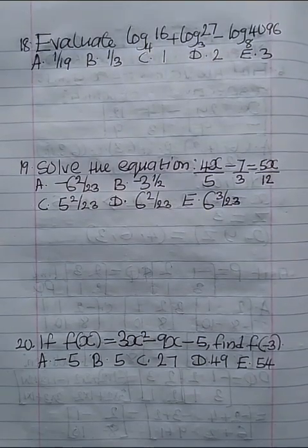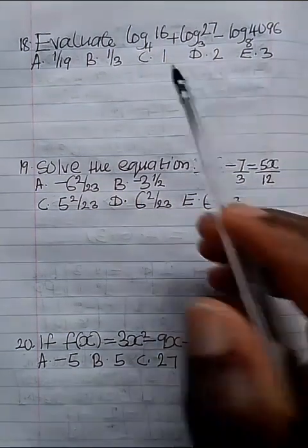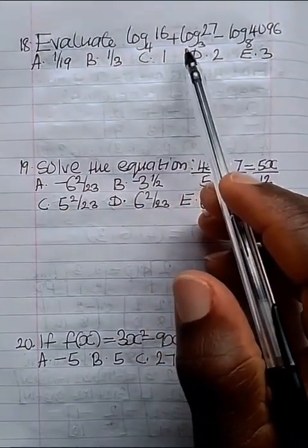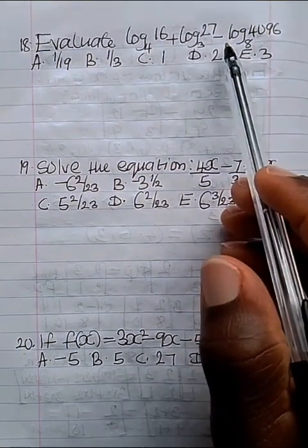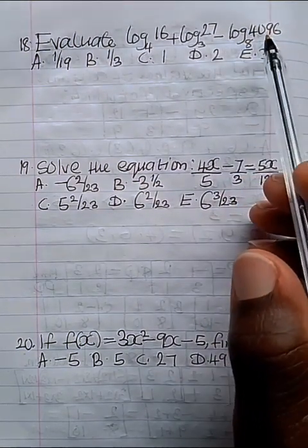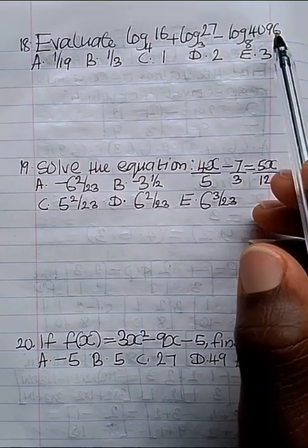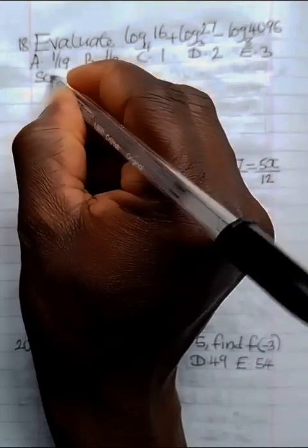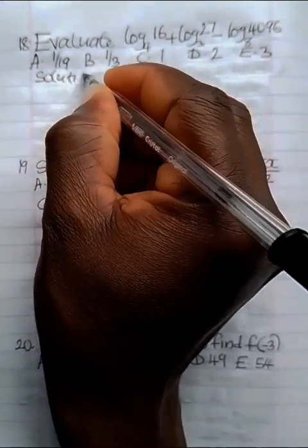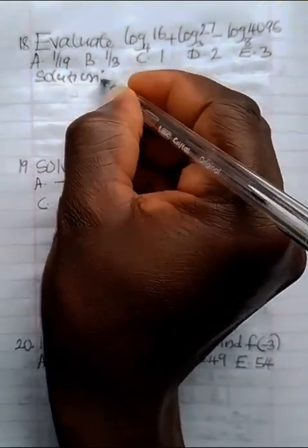Question 18. Evaluate log 16 base 4 plus log 27 base 3 minus log 4096 base 8. We have the solution.